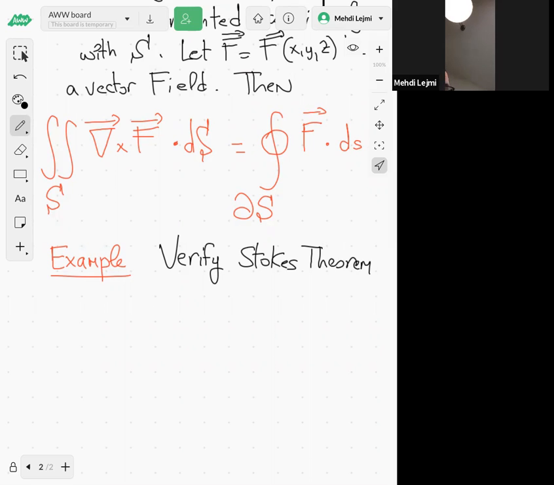Anyway, so let's say in this example we're going to verify Stokes' theorem. So the surface S, let's say S is the paraboloid. In homework number 6, guys, the last problem, problem 10, you have to verify Stokes' theorem.